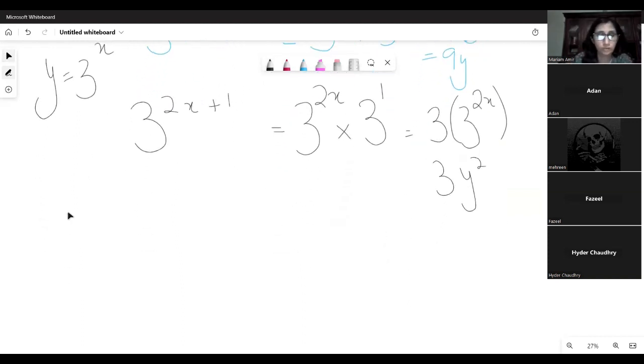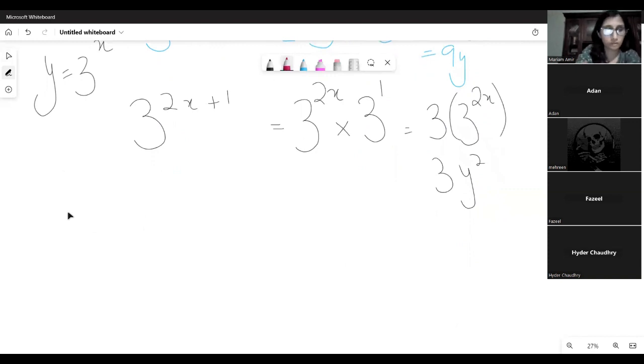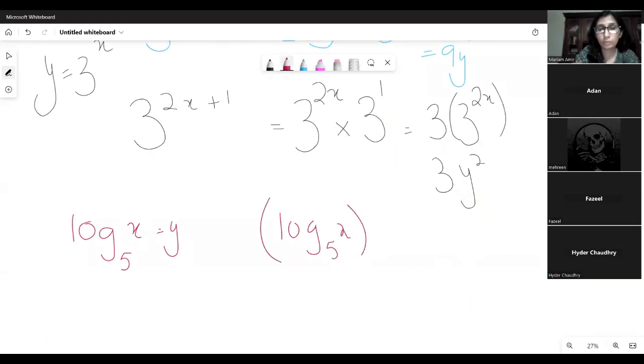Similarly, this is already discussed, but let's just discuss it again. If log base 5 of x is y, then log base 5 of x whole square will be something else, and log base 5 of x square will be something else.